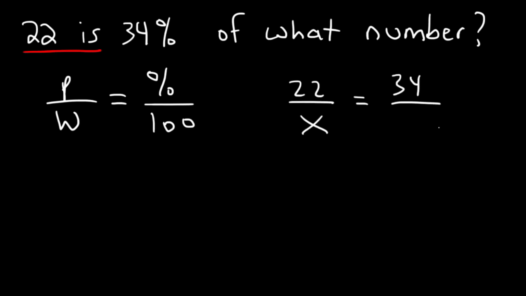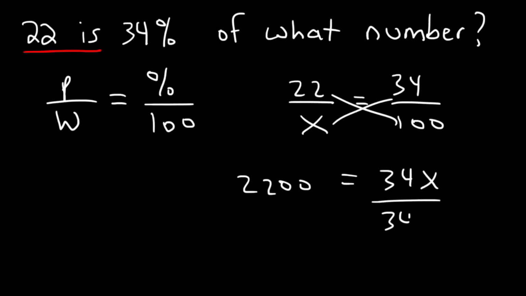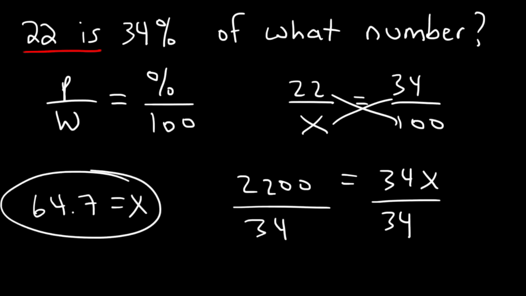We need to find the whole, or the base. 22 times 100 is 2200, and x times 34 is 34x. So let's find the value of x by dividing both sides by 34. 2200 divided by 34, that's 64.7 if you round it. So 22 is 34% of 64.7.